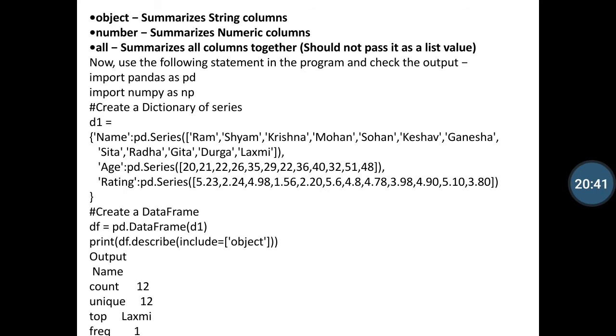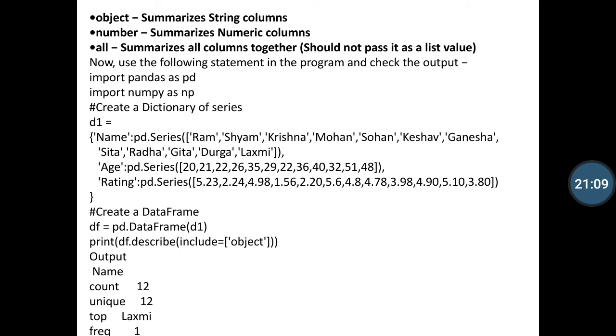That is, it calculates the A value present in our name series. The number of names that contain the value A is presented in the total of 12 values. You can notice that in Ram A is present, in Sham A is present, Krishna also has A present, Mohan also has A present.